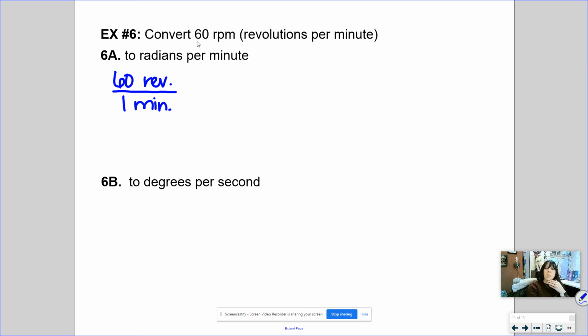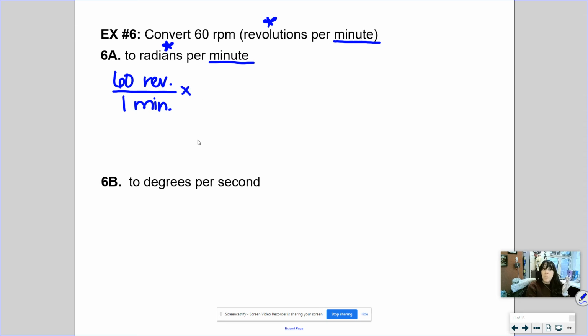We're converting from revolutions per minute to each of these. Okay, so for the first one, we want to change it to radians per minute. That's actually not too bad because they both already have minutes as the time unit of measure, so we don't have to change anything there. We have to change the revolutions into radians.